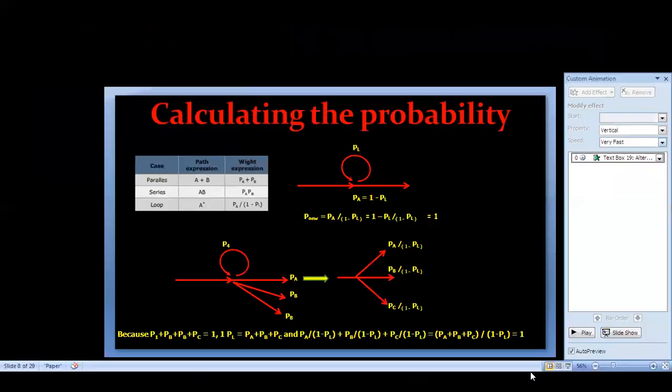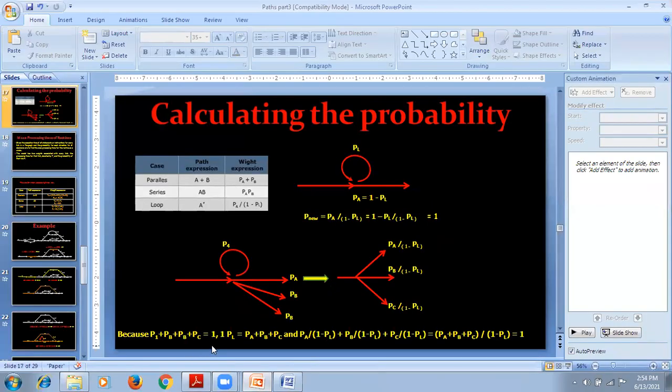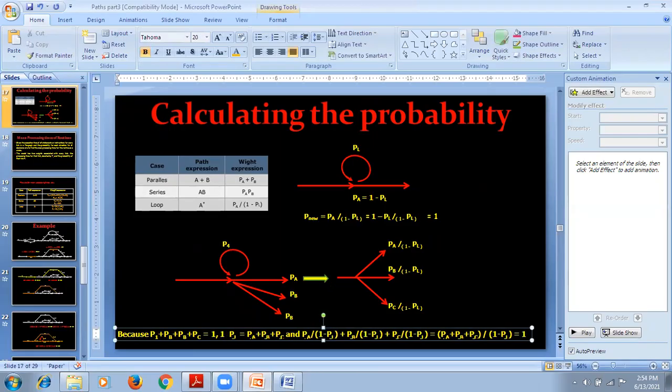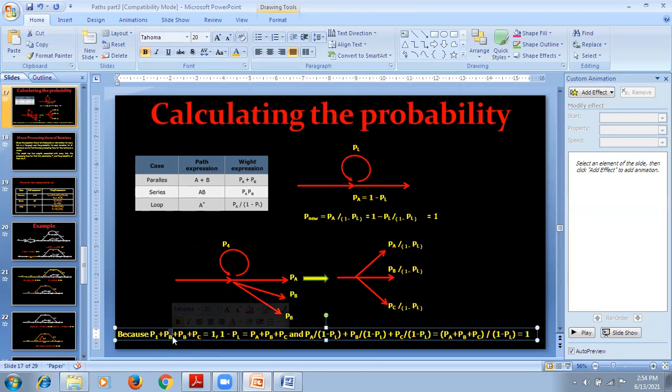So it's a small correction here. Here it is, sorry, here it is 1 minus PL, and this is PA, and this is PL.